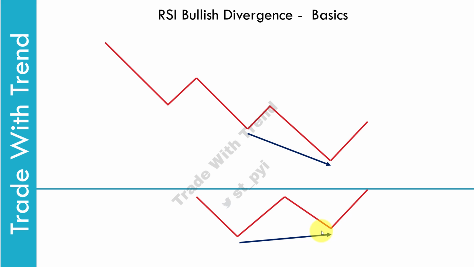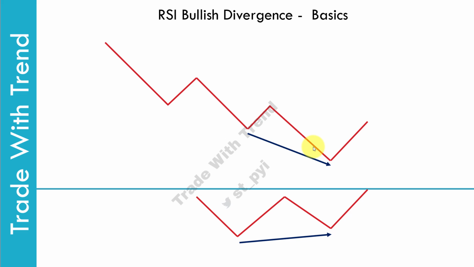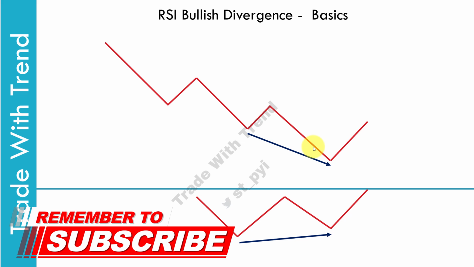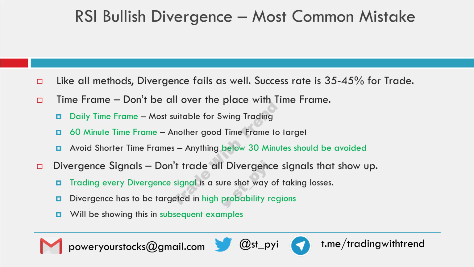What bullish divergence essentially indicates is that while price is forming lower low, momentum on the downside is missing, and therefore a rally might be in the offing. It's important to note, however, that RSI bullish divergence is just an indication of what might happen. You still have to confirm this with price. Now this is something that I will cover in the later slides.